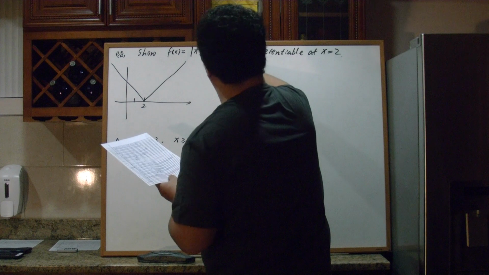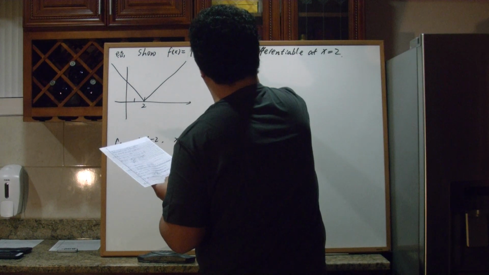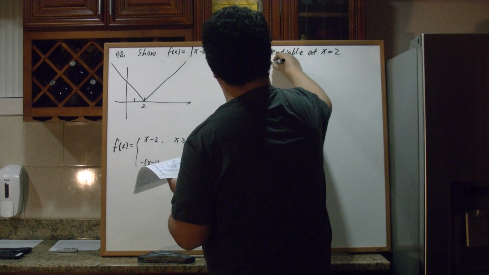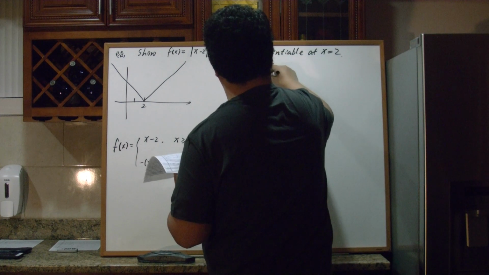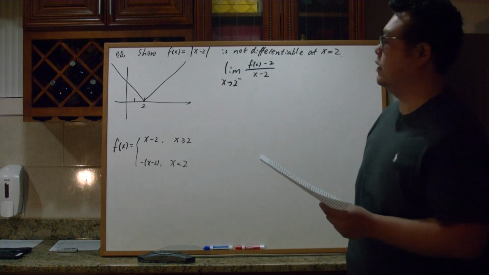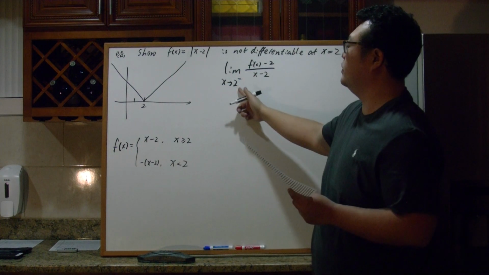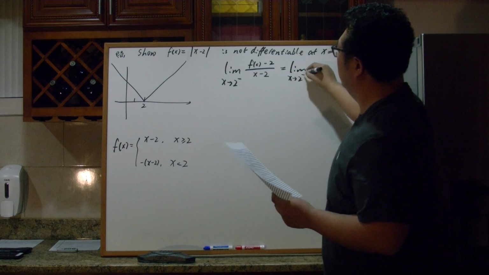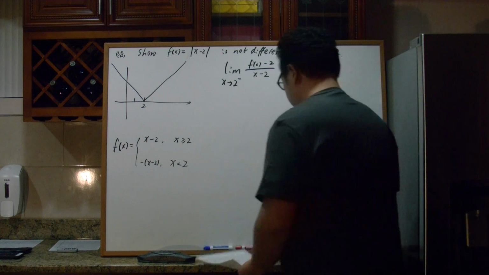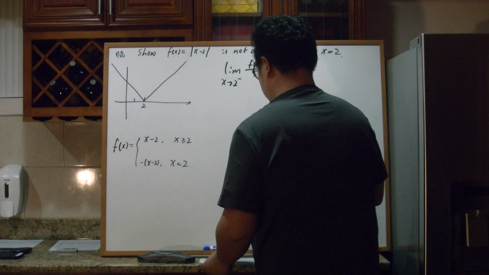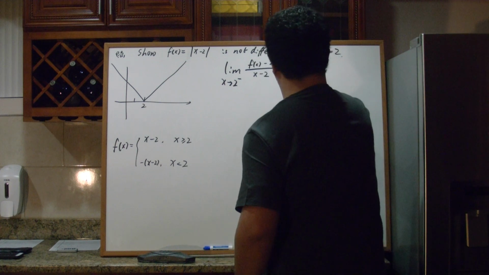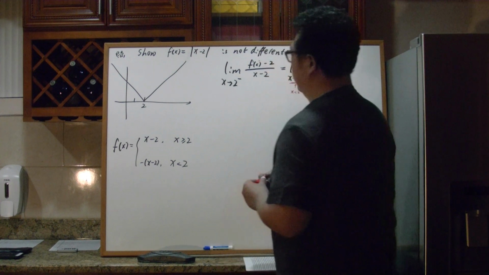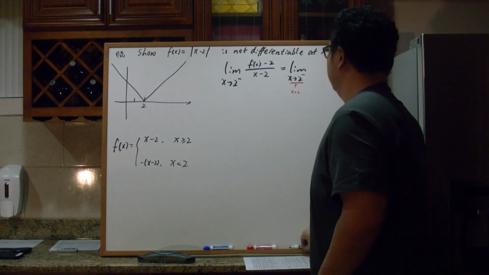So we need to show x approaches 2 from the left. Maybe it exists, maybe not. For x approaching 2 from the left, that means x is smaller than 2. Therefore, for the function here, we use the second piece.